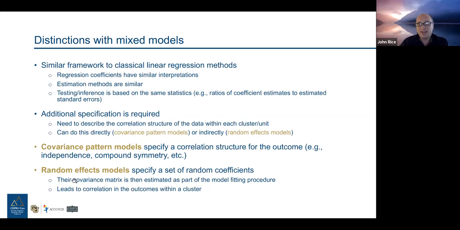And then we're estimating their covariance matrix as part of our model fitting procedure. But specifying a model this way is going to lead to correlation in the outcomes within a cluster indirectly. So these are the two paradigms. You can specify your covariance directly through a covariance pattern model or indirectly through a random effects model.